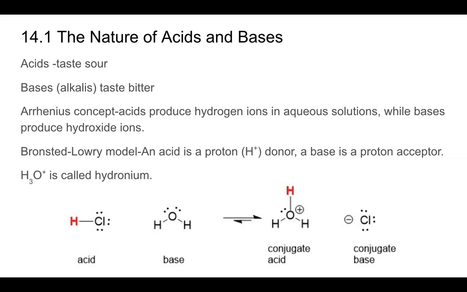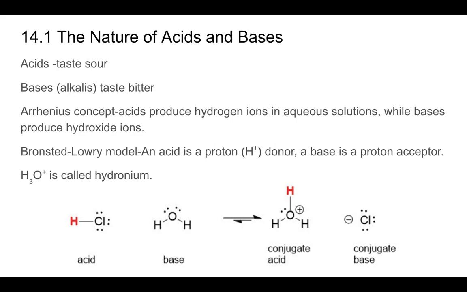Some people call it the Bronsted-Lowry model of an acid-base. And the idea here is that acids have the ability to donate H plus ions. So you actually say an acid is a proton donor. Bases have the ability to accept H plus, so they are called proton acceptors.